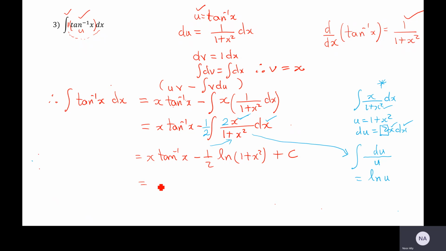We could write this in another way, and maybe you should be familiar with this and remember that we can write that as the ln of the square root of 1 plus x squared plus c. Do you recall that? Where I can take that half to the index, and that half is the square root.